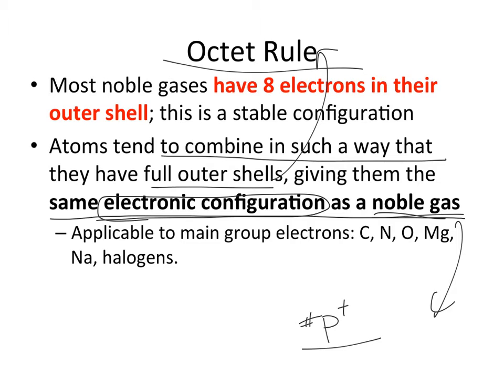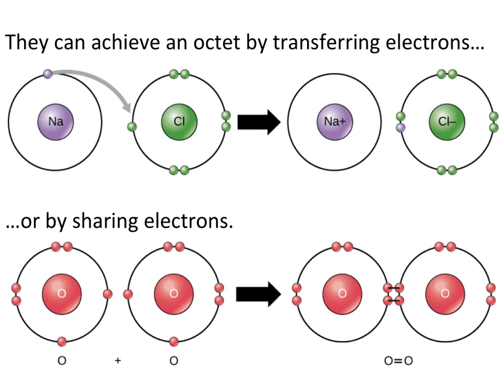And when we start discussing this a little bit further, you're going to be seeing that this doesn't always hold up to all the elements on the periodic table. But it does work for things like the halogens, sodium, carbon, nitrogen, oxygen, etc. So again, when we're talking about bonding, to achieve this octet, they can transfer electrons, aka ionic bonding, where there's a transfer of electrons from a metal, in this case sodium, to a non-metal, chlorine.